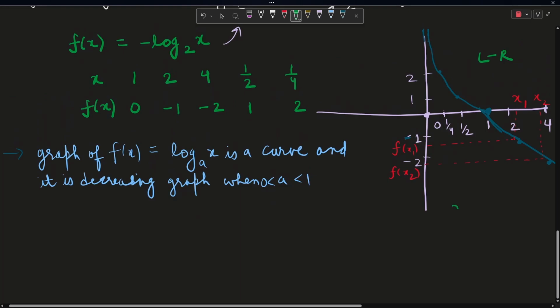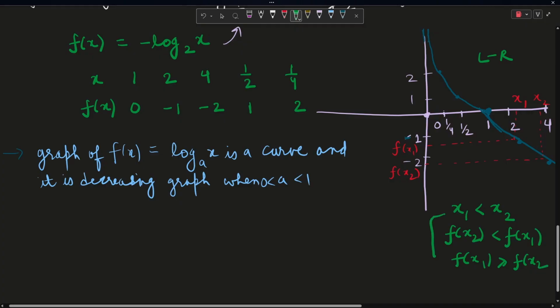Either you see it in that way, or you can even prove it in such a way that x1 is smaller than x2, and for f of x1 and f of x2, we can say f of x2 is smaller than f of x1, or f of x1 is greater than f of x2.